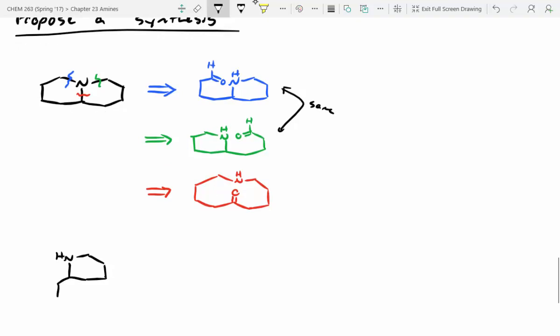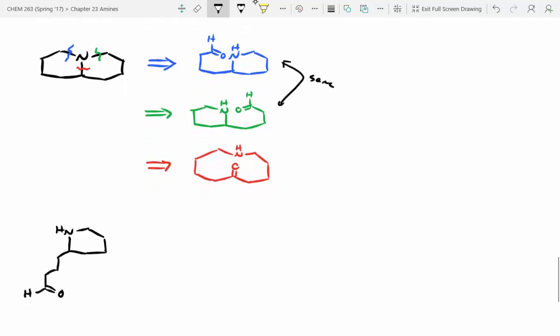And we've got 1, 2, 3 carbons, right? And then we have an aldehyde. Okay. And then next step, we need to treat this with what? Do we need to throw in any amine? Why not?